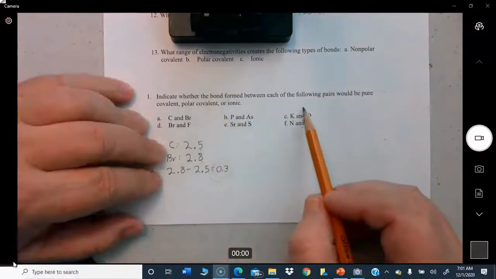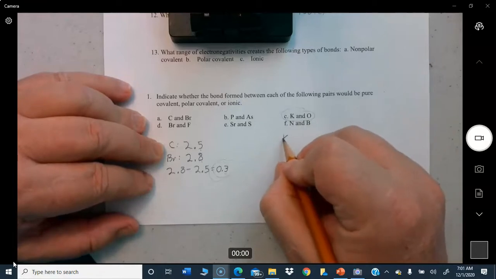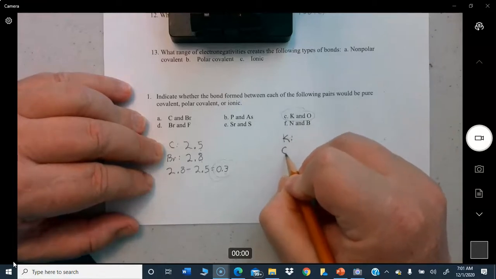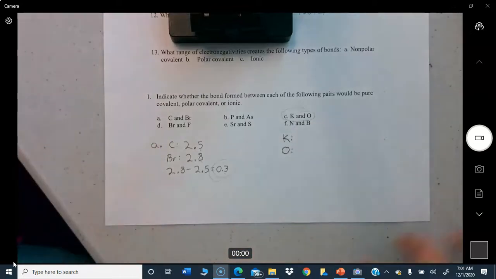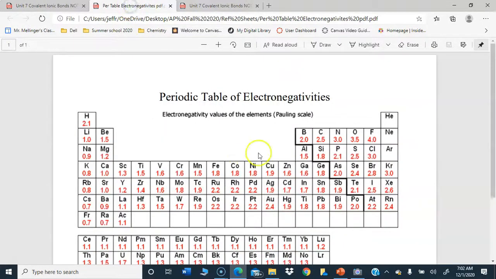Let's try potassium and oxygen over here. So potassium. Okay, and we will pull up the periodic table of electronegativity. So potassium is a very low electronegativity, 0.8. It does not pull in electrons at all. Oxygen is relatively high, 3.5.